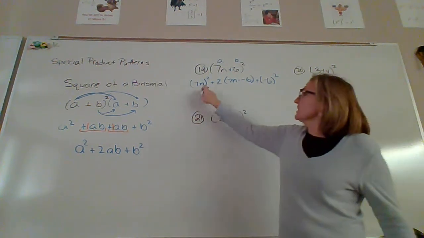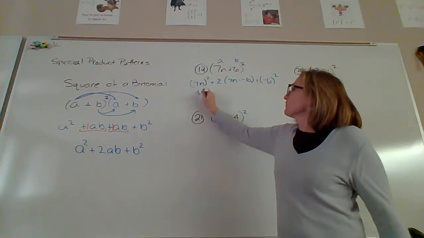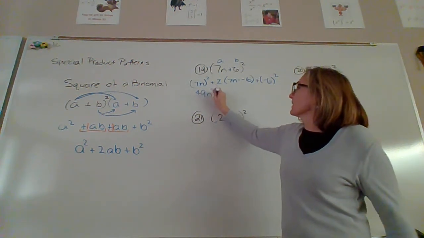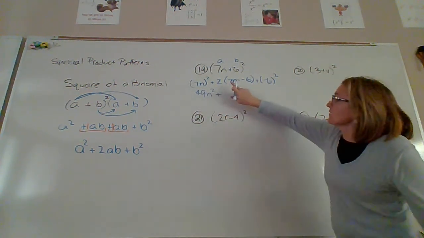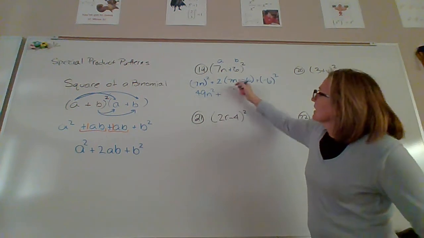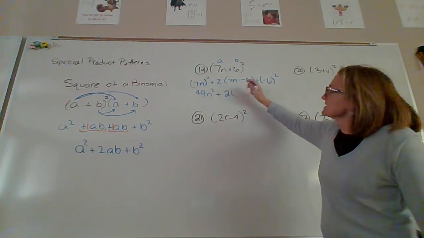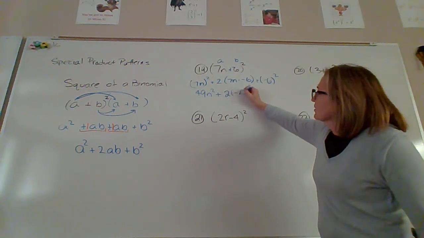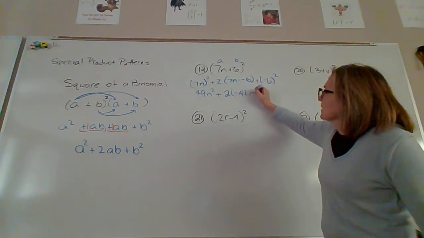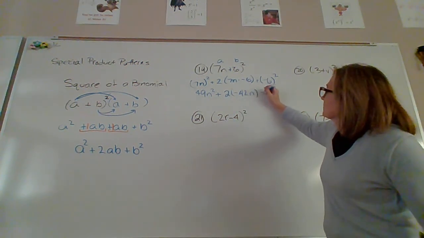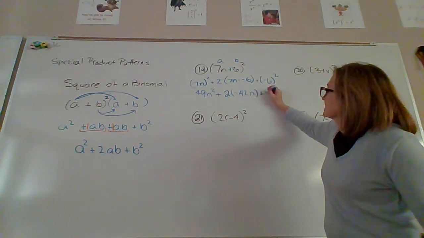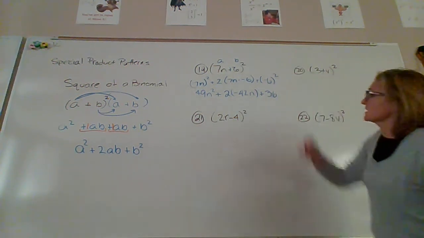All right, so 7n squared is 49n squared plus, we can do this all at once, I think. Maybe not. All right, we'll do 2 times 7 times a negative 6 is going to give us a negative 42n. And then we'll square the negative 6. And when you square a negative, you always get a positive.